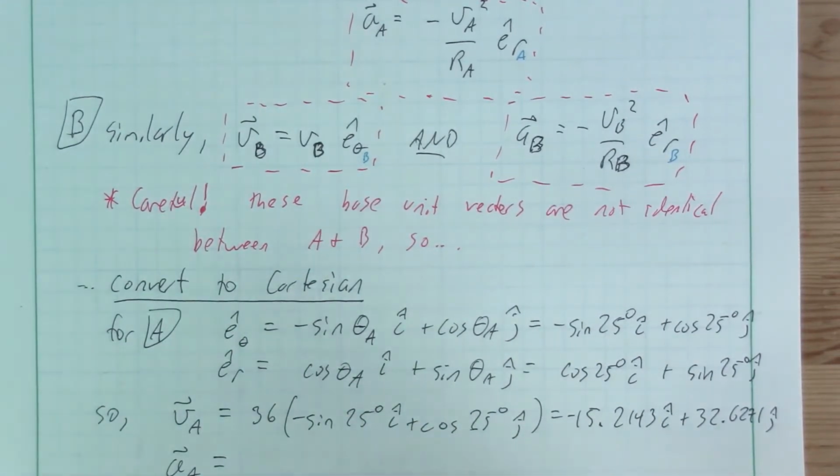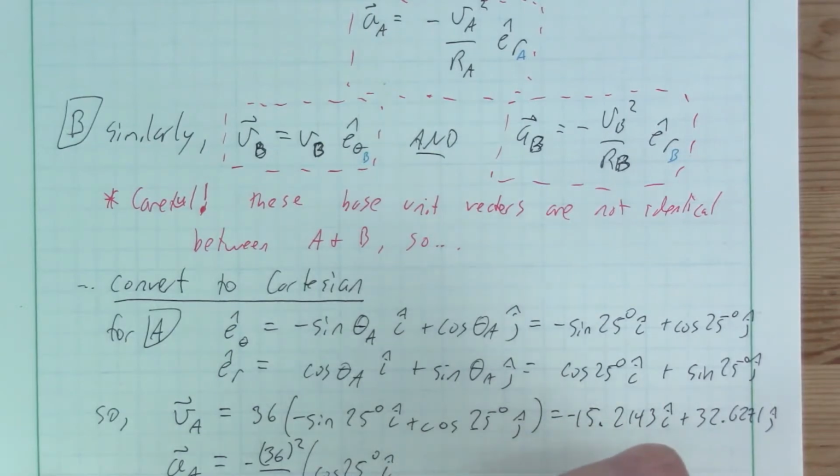And then our acceleration vector, v squared over r. So for A, that's 36 squared over 1250 feet. And here we're going to plug in now, instead of e hat r, it's converted to Cartesian.